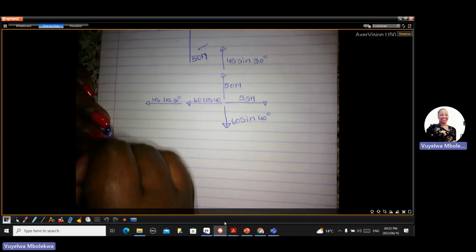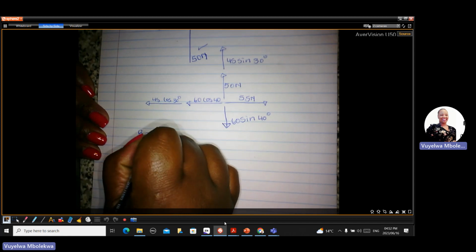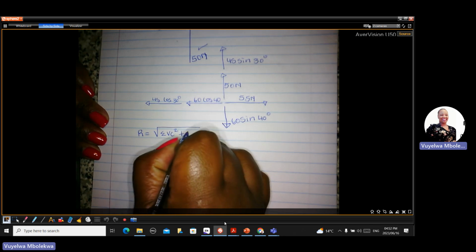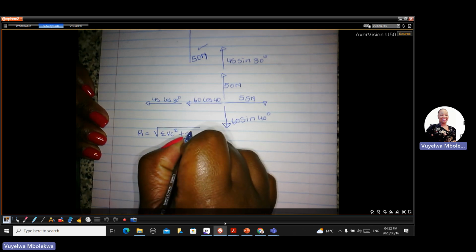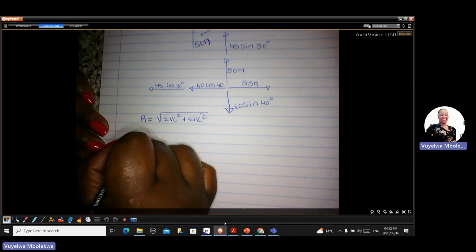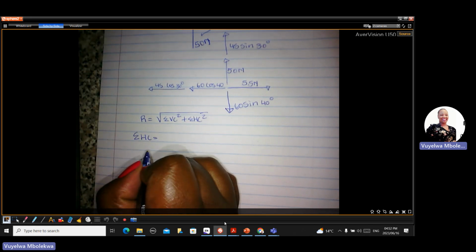Okay, so let's calculate. To get your resultant, the formula says it's the square root of the sum of your horizontal components squared plus the sum of your vertical components squared. You can start with any one. So let's start with the sum of the horizontal components.